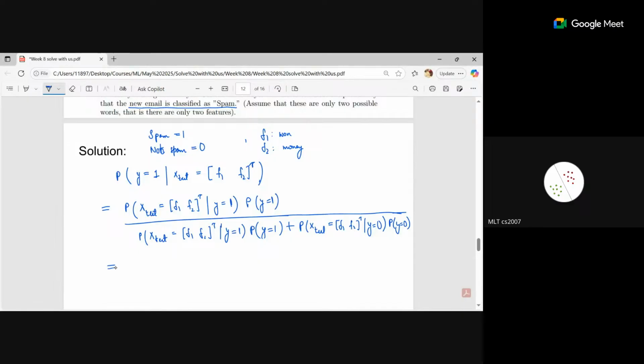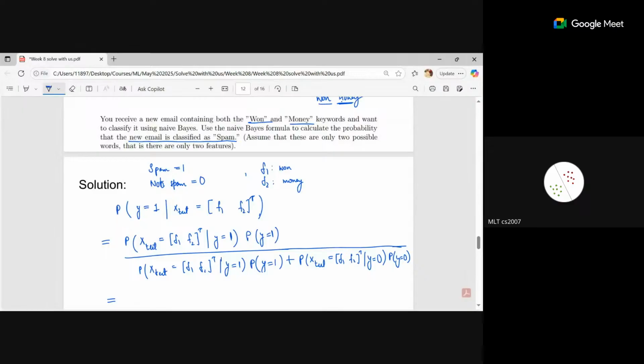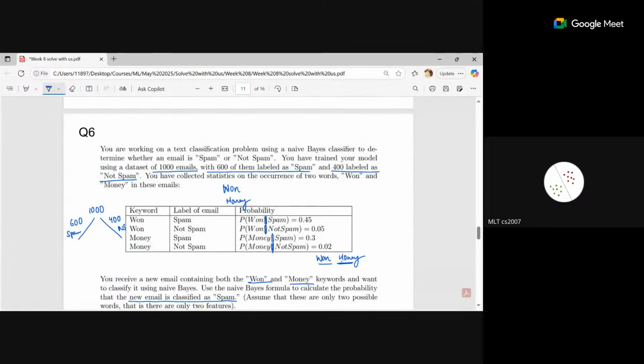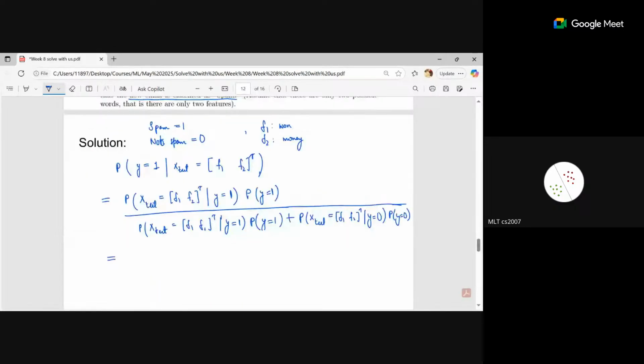I know what is the probability of y is equal to 1 and what is the probability of y is equal to 0, because out of 1000, 600 were spam and 400 were not spam. So my p hat is going to be 600 by 1000, which is 0.6.